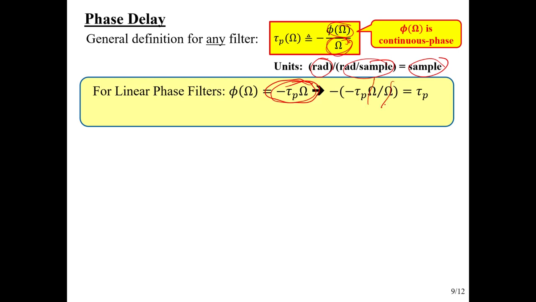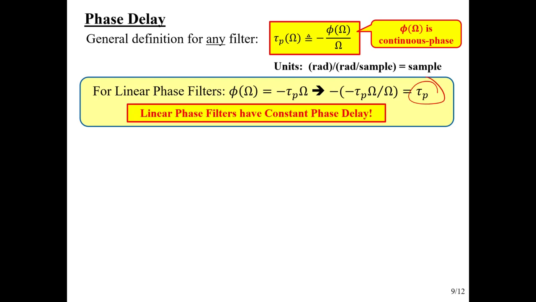And the omegas cancel, and the negative gives us tau sub p. So linear phase filters have a constant phase delay. Nice. So that's a way of thinking about linear phase filters.